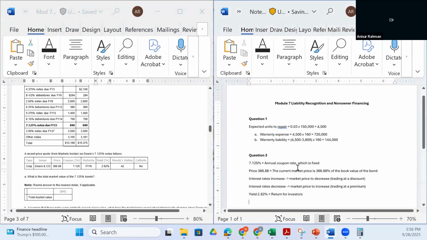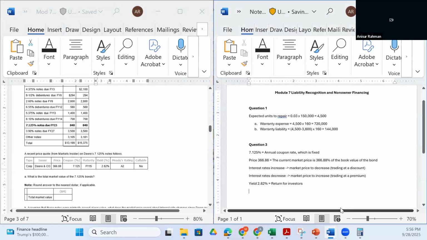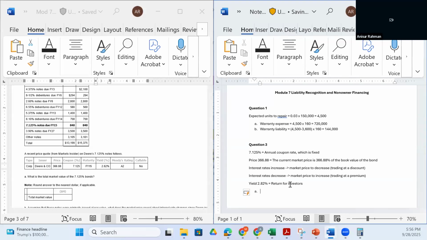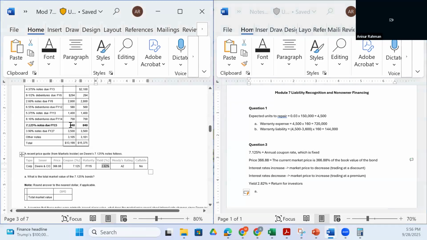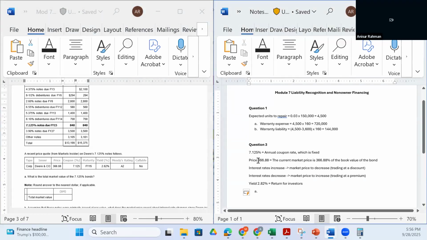So let us solve a couple of these problems here. Part A asks what is the total market value. We already discussed market value. The market price you see is for each $100. So we can take this $840 million and multiply by this percent.